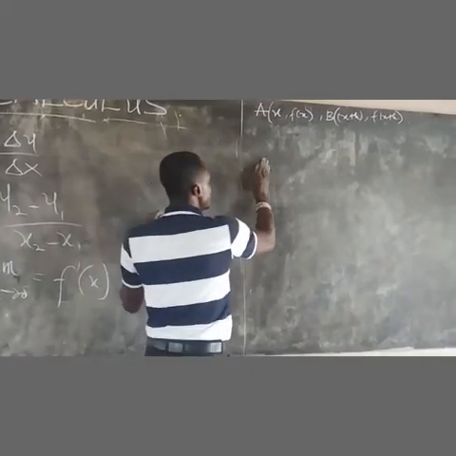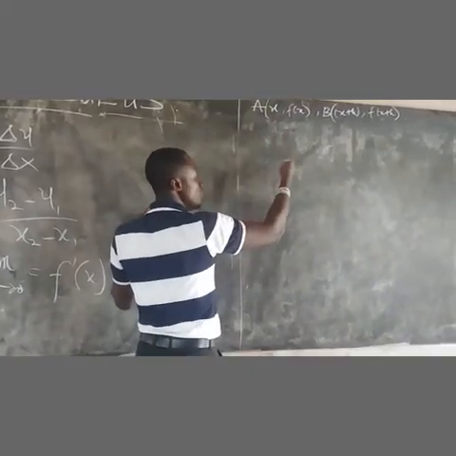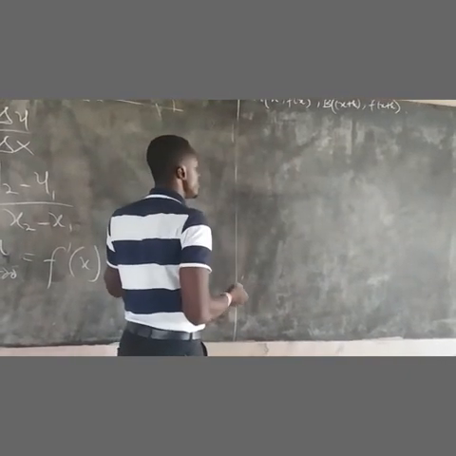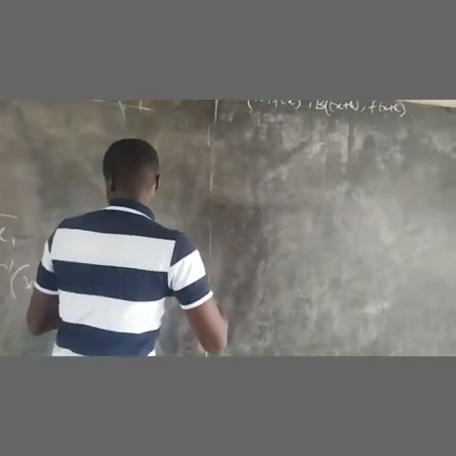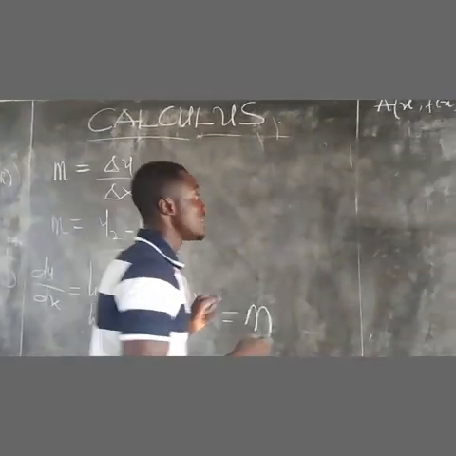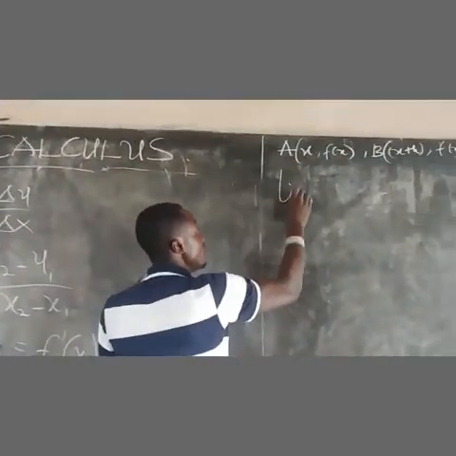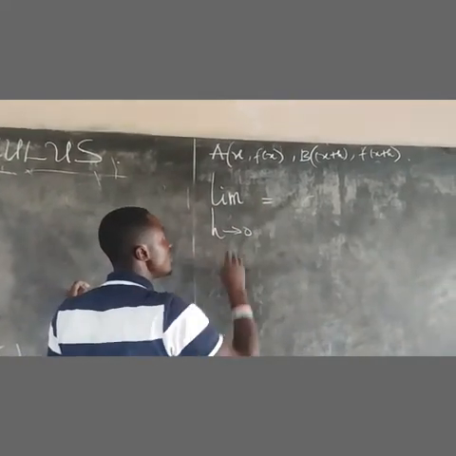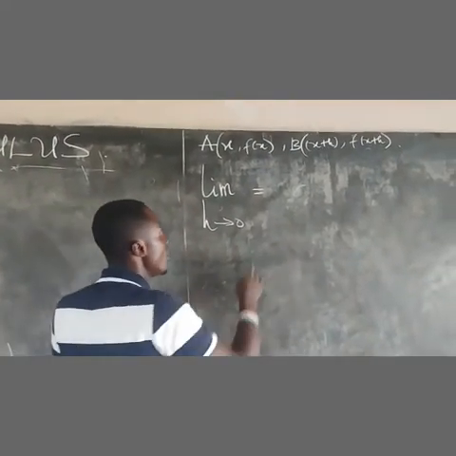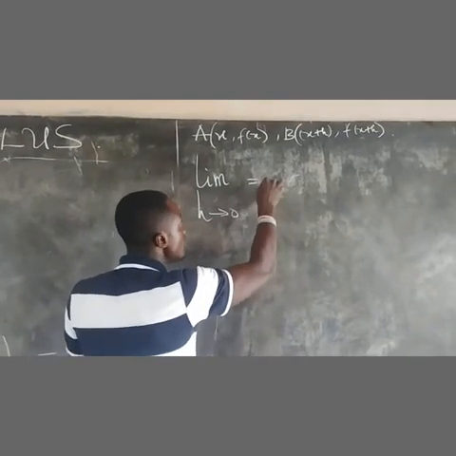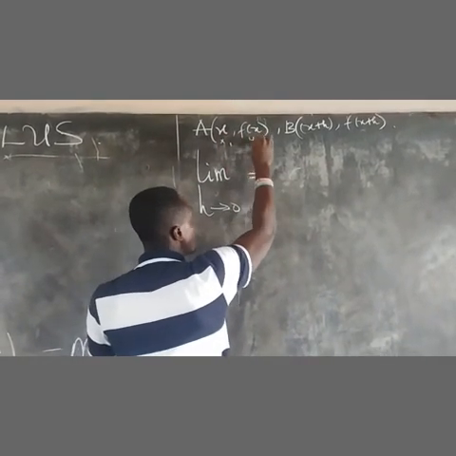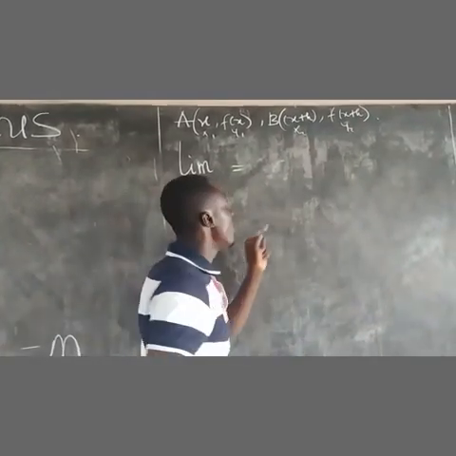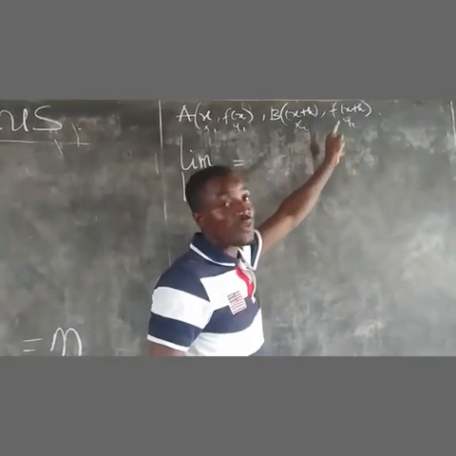We have already established that gradient m will be equal to the change in the y values against the change in x values. So now let's go with the limit function. So limit as h approaches 0, your gradient function will be equal to y2 minus y1 over x2 minus x1. y2 is f of x plus h.